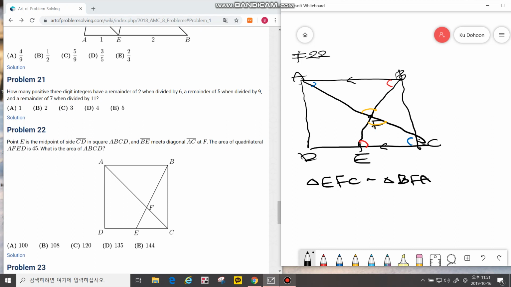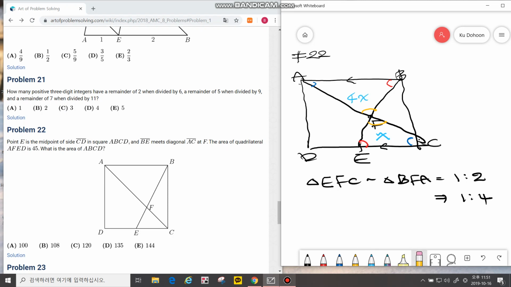And then we have the similarity ratio, which is 1 to 2, right? But the ratio of the area of EFC to BFA is going to be 1 to 4. So if you call this x, then this is 4x, right?